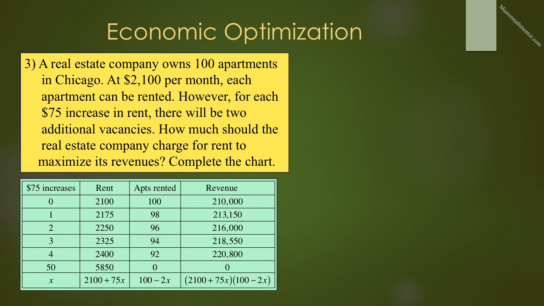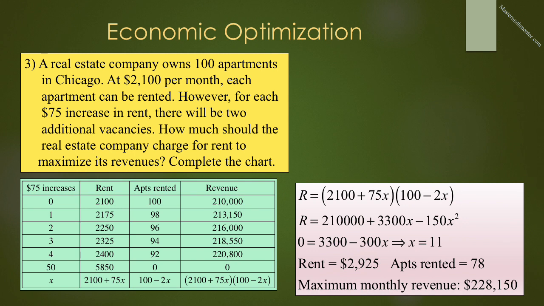So we will say we will have X $75 increases, making the rent $2,100 plus 75X, and making the apartments rented 100 minus 2X. So the revenue is their product, 2,100 plus 75X times 100 minus 2X.